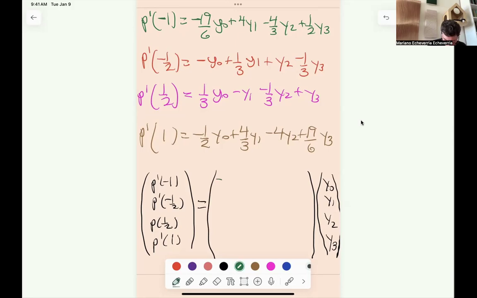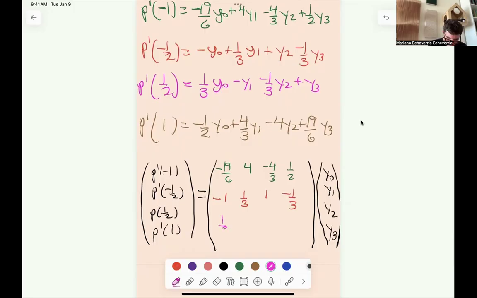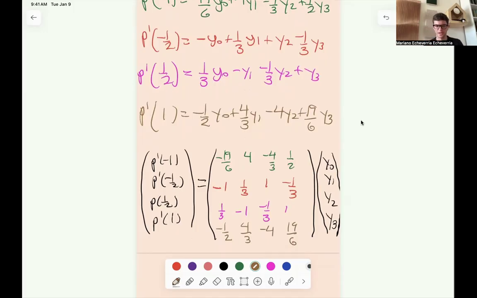So these would be -19 over 6, 4, -4 over 3, then 1/2, then -1, 1/3, 1, -1/3, then 1/3, oops, -1, -1/3, 1, and the last one would be -1/2, 4/3, -4, -9, and then 19 over 6. And so this is the matrix D.